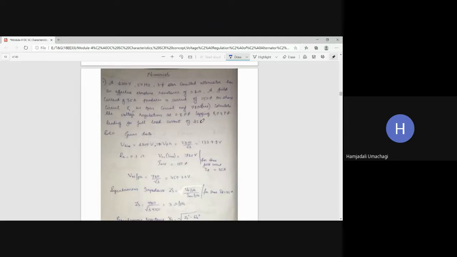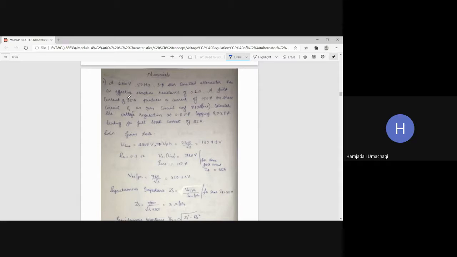So here the full load armature current is 25 ampere, whereas the short circuit test results are: IASC is 150 amps, and to get this armature short circuit current of 150 amps, the required field excitation is 35. And similarly in the open circuit test, in order to get 780 line voltage, the required field excitation is also 35 ampere only.